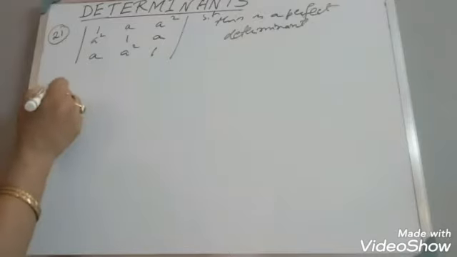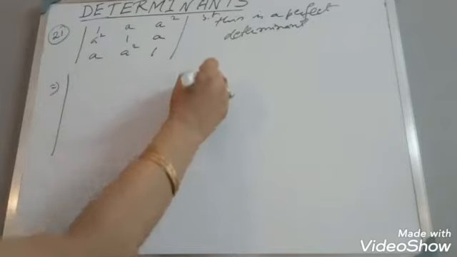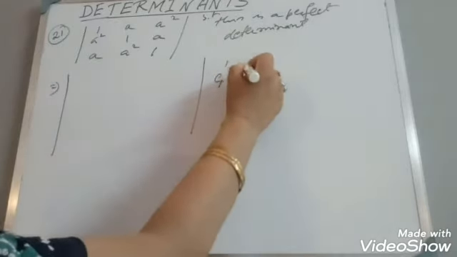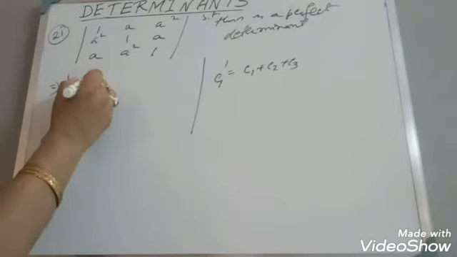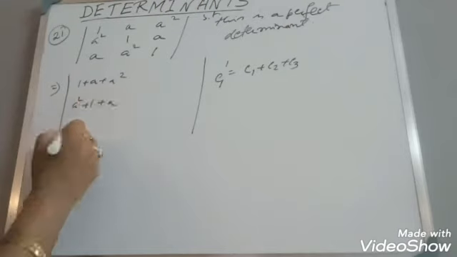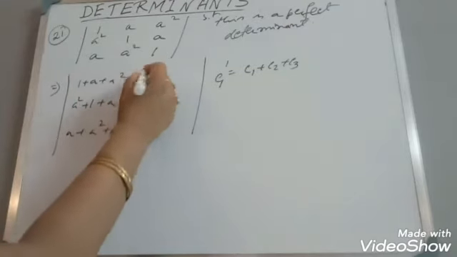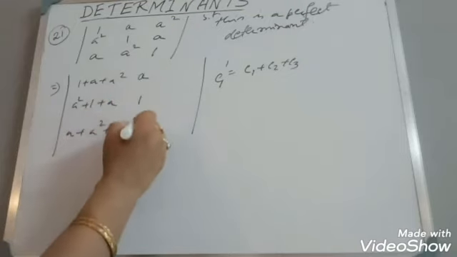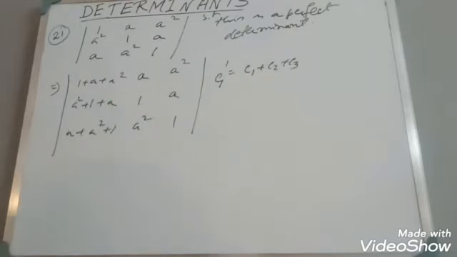Let us change the first column. C1 plus C2 plus C3. Just write 1 plus a plus a square in each entry of the first column. The other two columns remain the same.